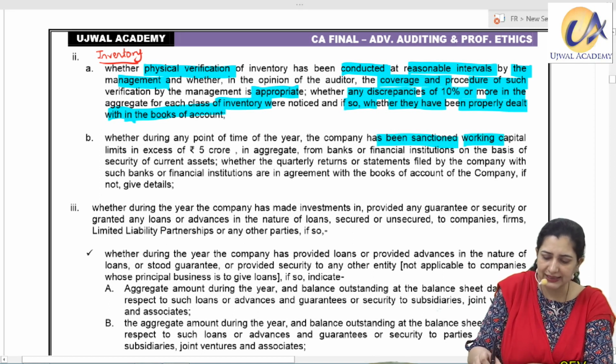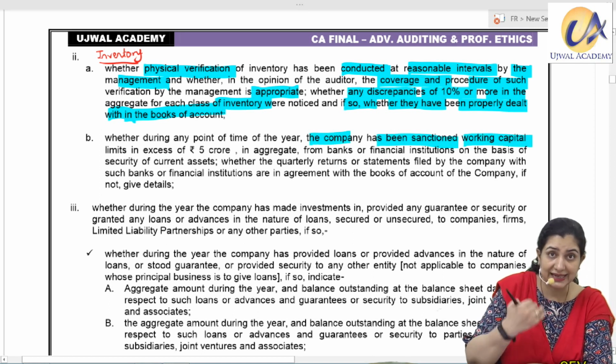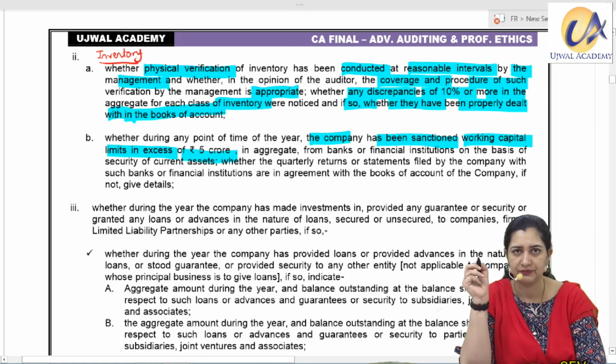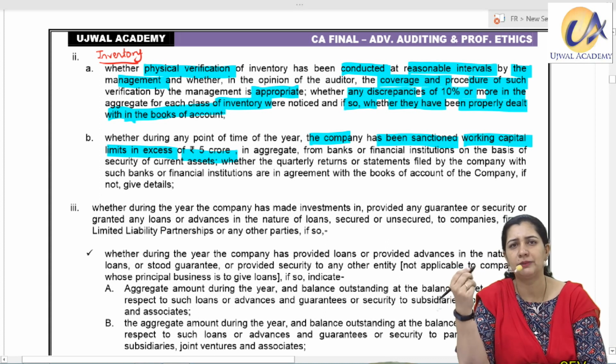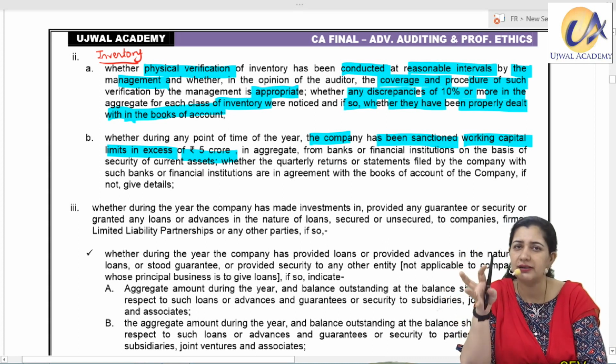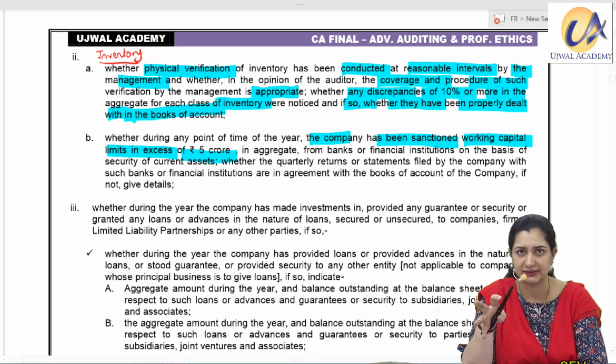The second point about inventory: the company has taken a working capital loan in excess of 5 crores. Working capital loan means it's a short-term loan, and a short-term loan is generally secured on current assets. Inventory is a current asset.